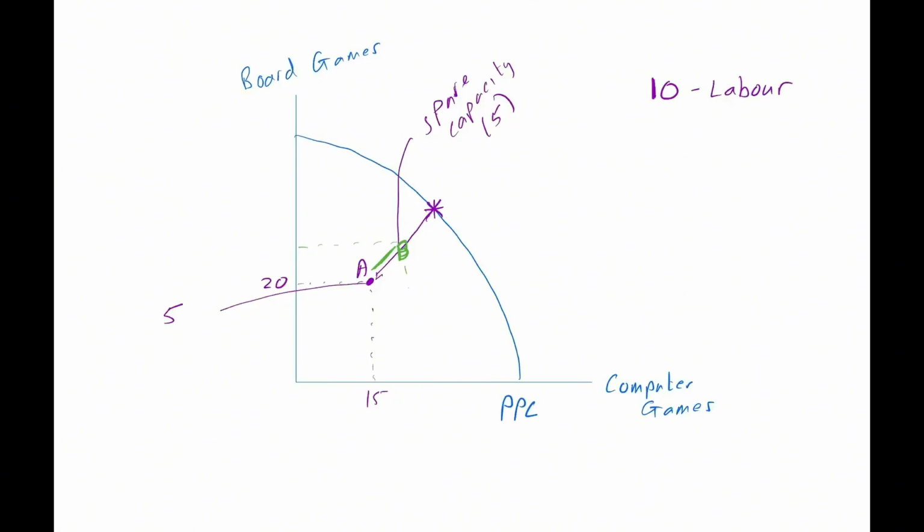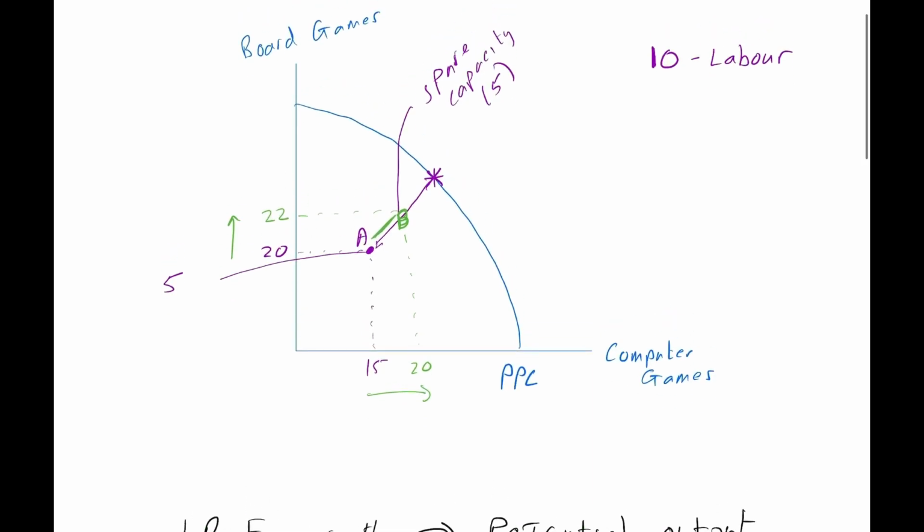actually producing products, okay? So we could say that the actual number of board games increases from 20 to 22 and the number of computer games that's produced within an economy increases from 15 to 20. Well, this illustrates an increase in actual output. Therefore, this illustrates short-run economic growth, okay?